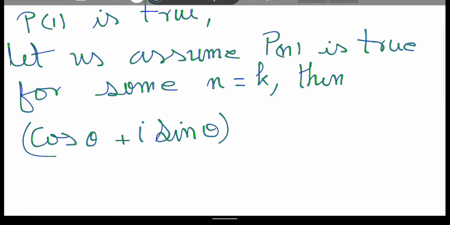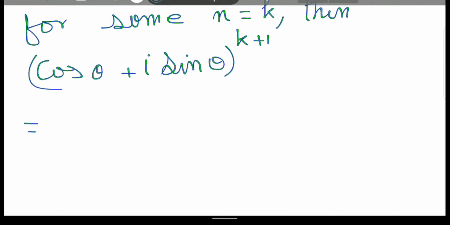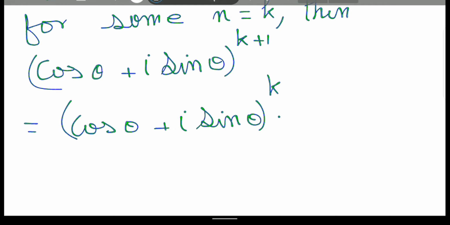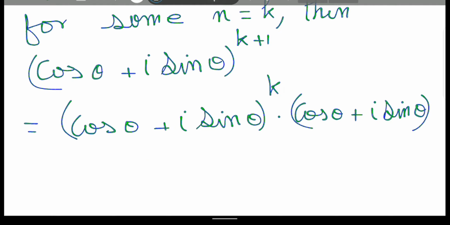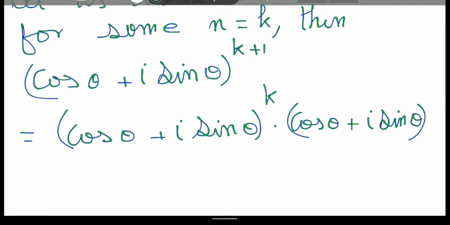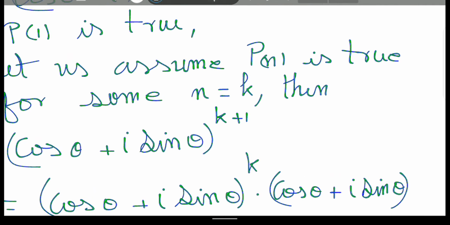So Pk plus 1 is equal to (cos theta plus i sin theta) whole thing to the power k, into (cos theta plus i sin theta). Now, by our induction assumption, this is just equal to cos k theta plus i sin k theta. Did we assume Pk? Yes.